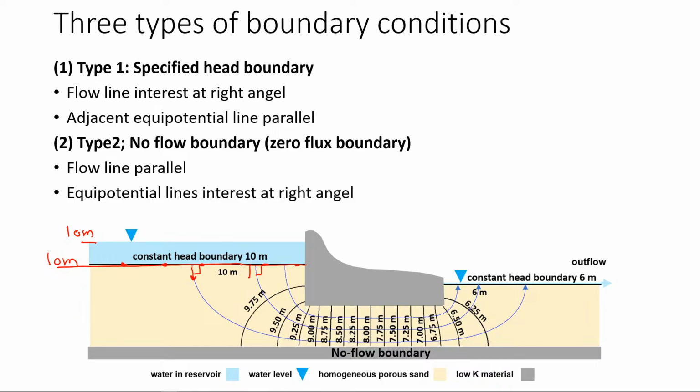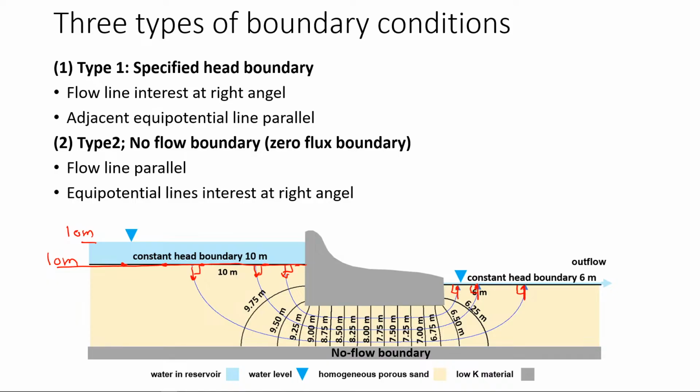This is what you need to know: the flow line will be perpendicular. Similarly here, and here, and here, the flow line will be perpendicular. So that is an example of a specified head boundary.